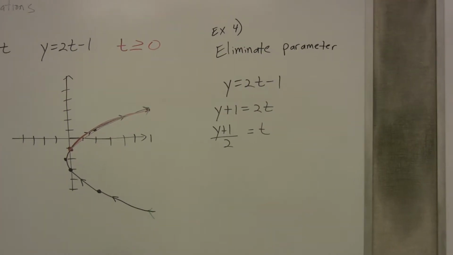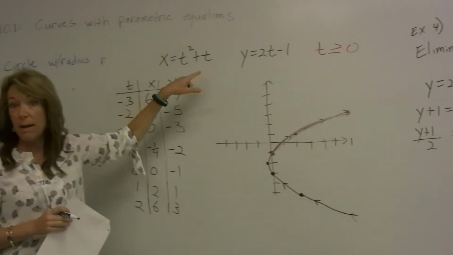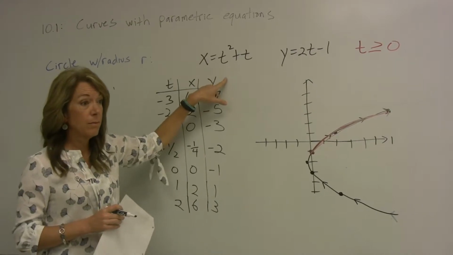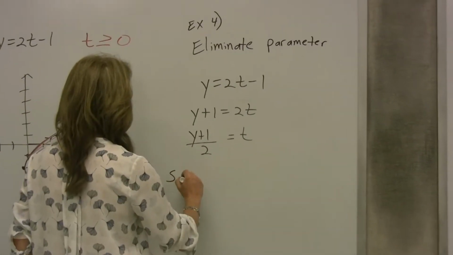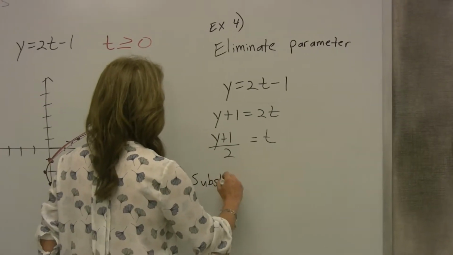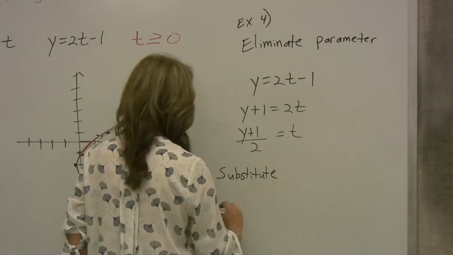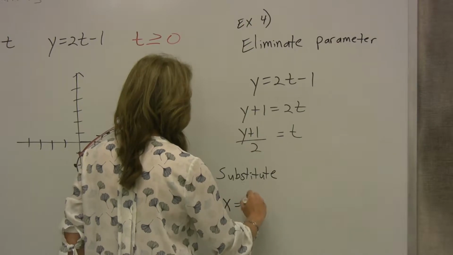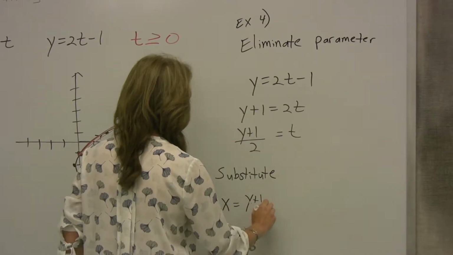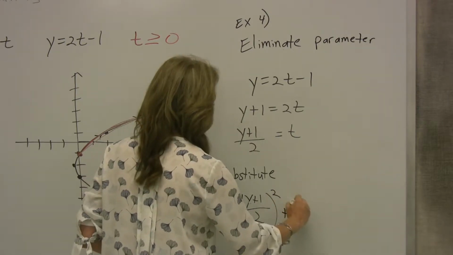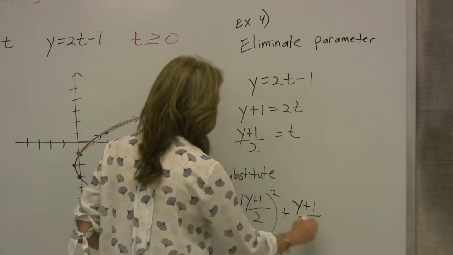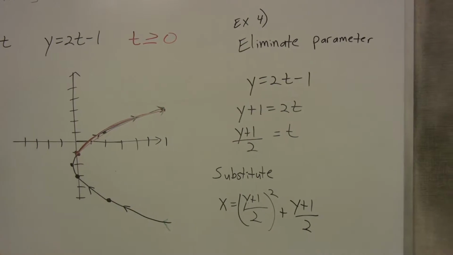I'm going to plug that t into this equation because both of them have to be the same, right? So now I'm going to substitute, and it's going to say x equals that mess squared plus that, t squared plus t.